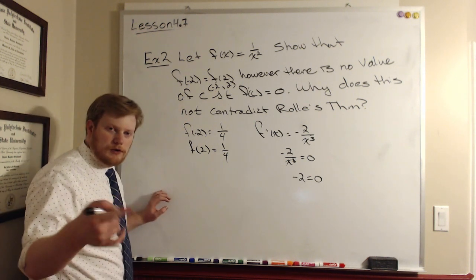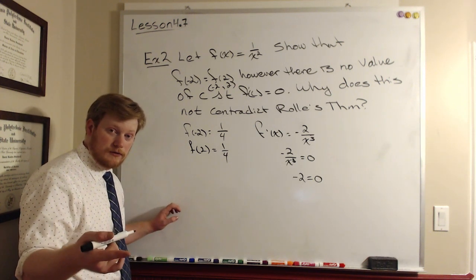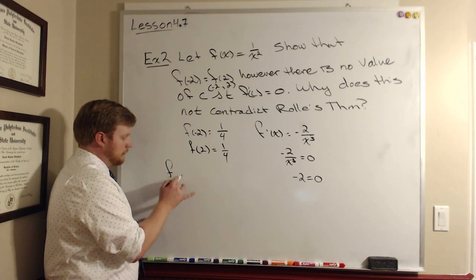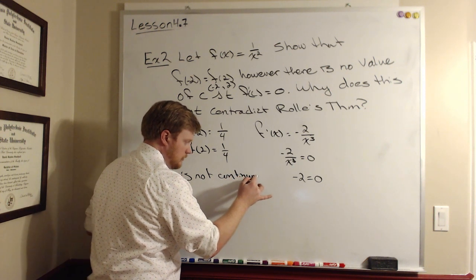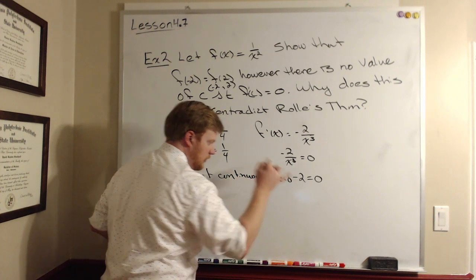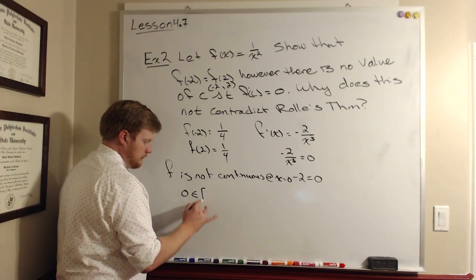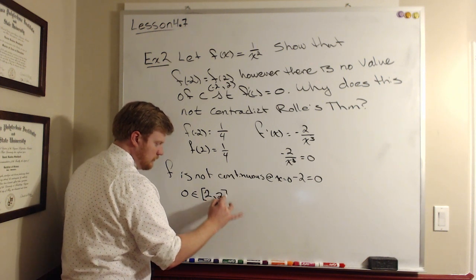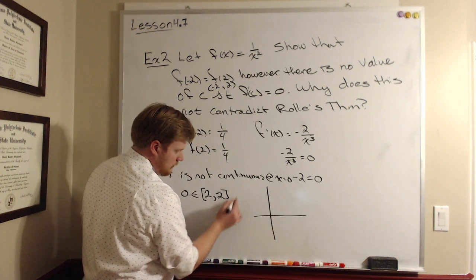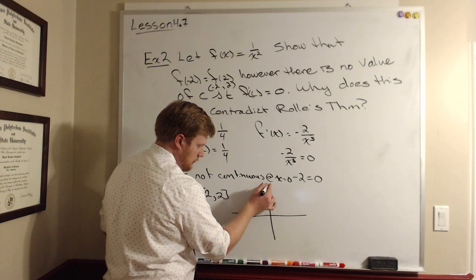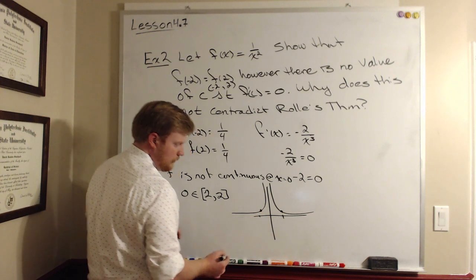Well, we didn't check the first two hypotheses. We didn't check to see if the function was continuous and differentiable on the interval. And in fact, f is not continuous at x equals 0, which is in the interval negative 2 to 2. If we looked at the graph of this, at 2 I'm at a fourth, and at negative 2 I'm at a fourth.